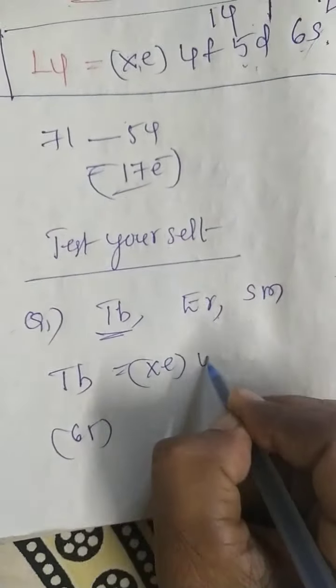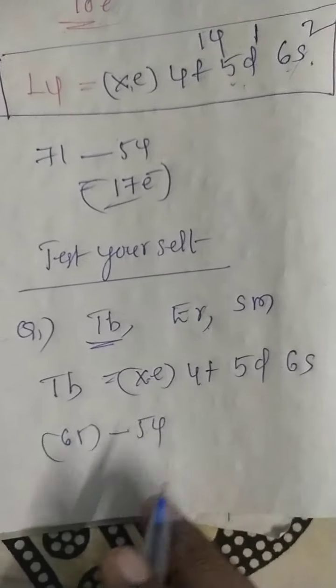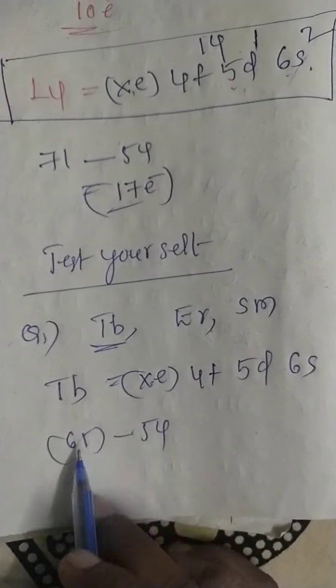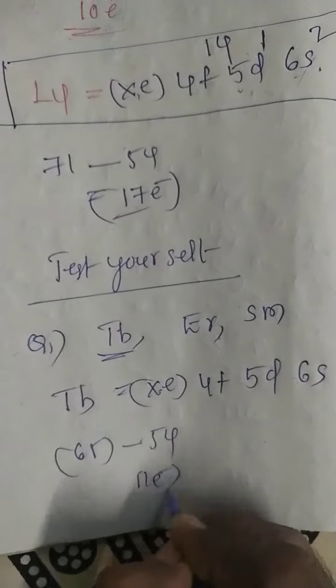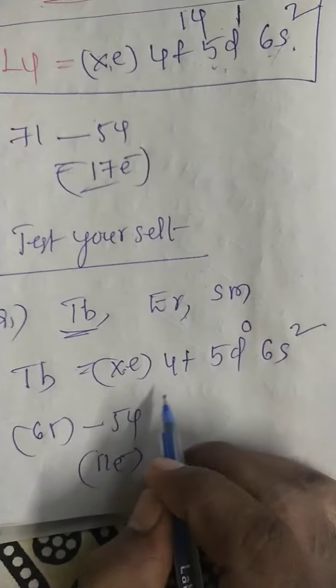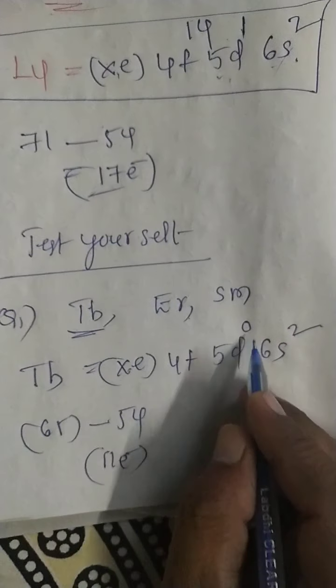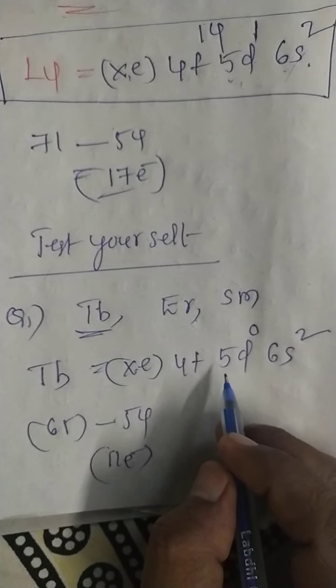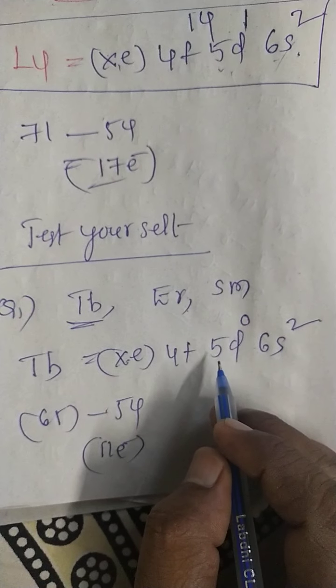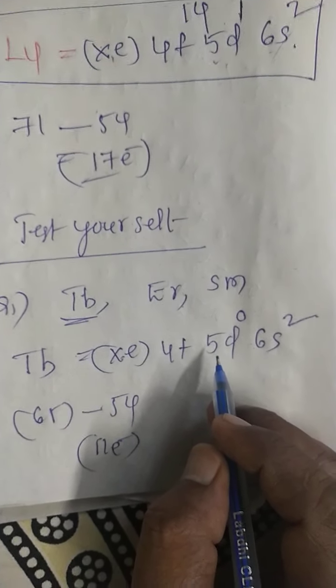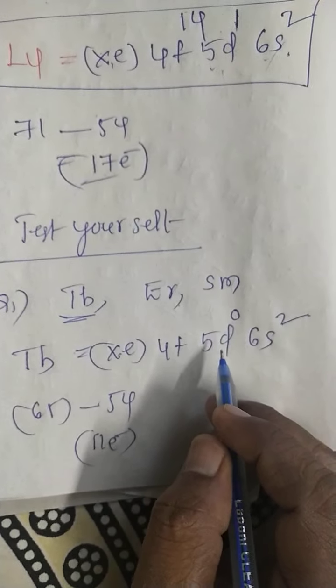So 65 minus the xenon atomic number 54 gives 11 electrons. Of these 11 electrons, 2 electrons are in 6s. The d is not exceptional, so 5d0. From the lanthanides, again I say, only cerium, gadolinium and lutetium have 1 electron in the 5d orbital. So the remaining 9 electrons go in 4f. So this is the terbium electronic configuration.